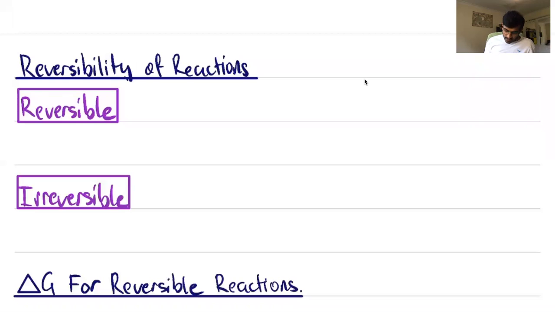The first thing I want to quickly recap on is this idea of reversibility and clarify some things around that for all of you. What does it actually mean if a reaction is reversible? When we talk about reversible reactions, we're talking about reactions which progress in both the forward and reverse direction.